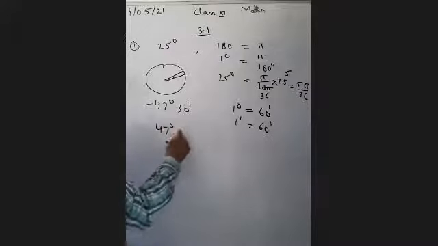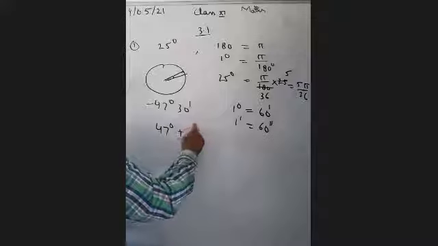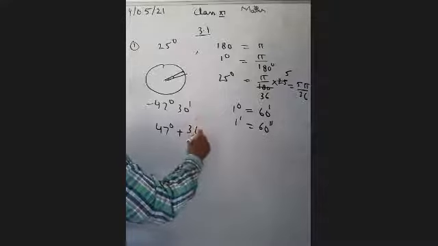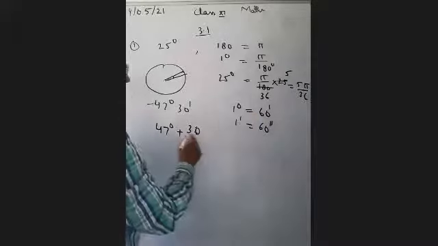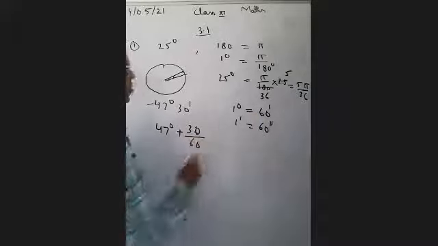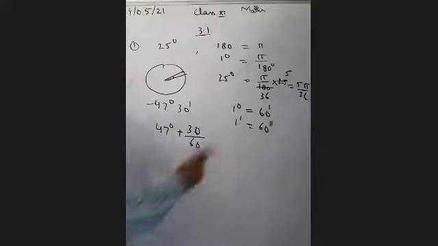47 degree, first of all we are converting this 30 minutes into degree by dividing by 60, because 60 minutes equal to 1 degree.